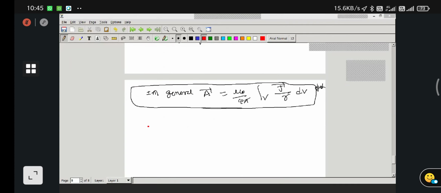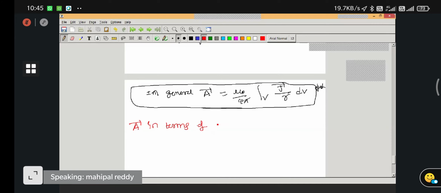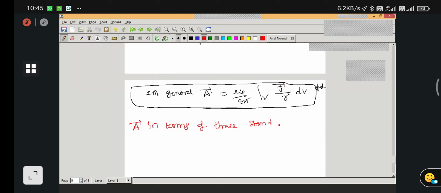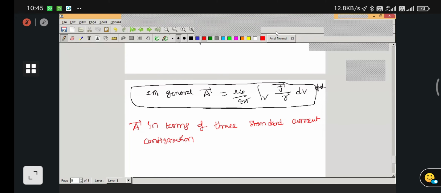A vector in terms of 3 standard current configuration. Okay, I think his participant is waiting. One more people.